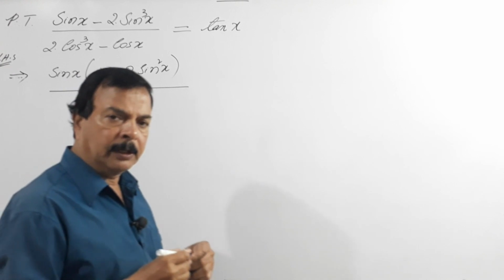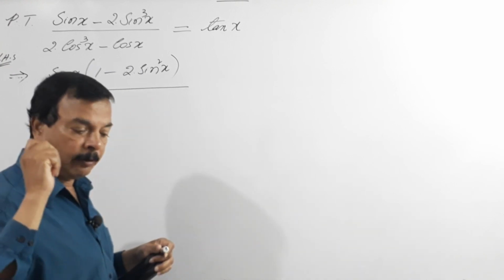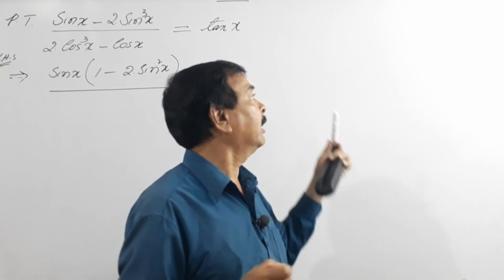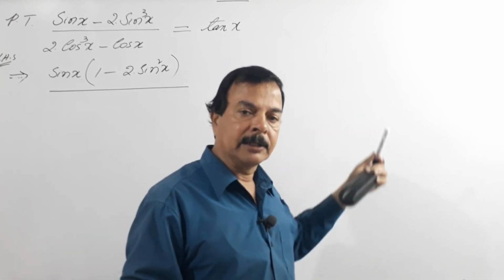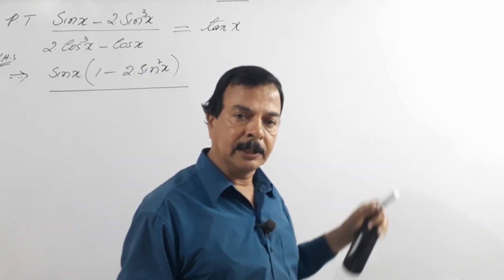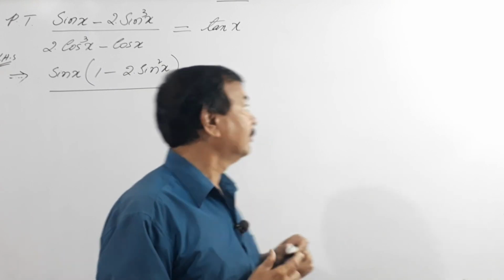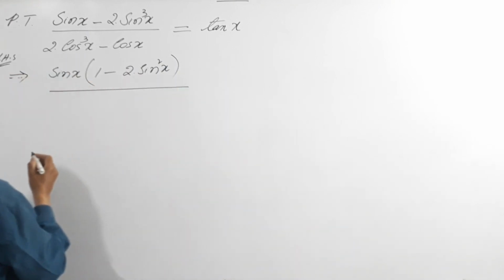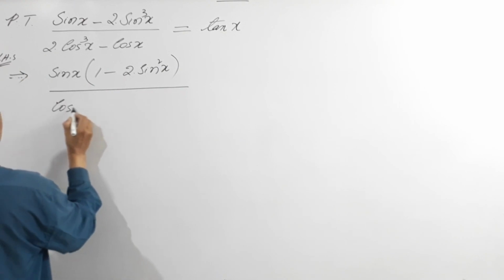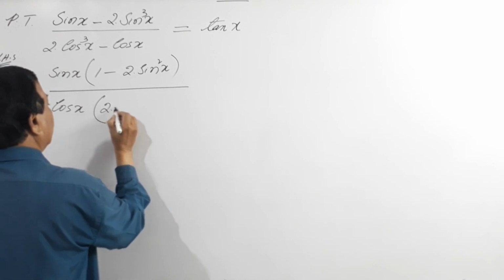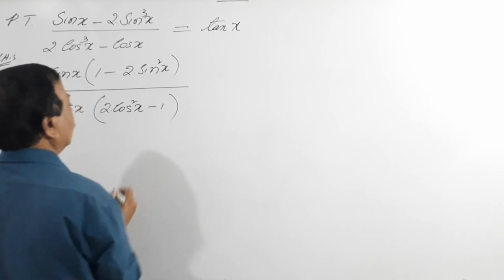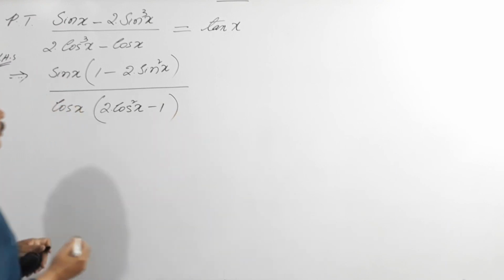Most of the problems you have to tackle on the left hand side. Very exceptional cases you get where you have to tackle the right hand side. We'll select a few problems which have to be done using the right hand side a little later. So now, I'll take cos outside, cos x into 2 cos square x minus 1, right?